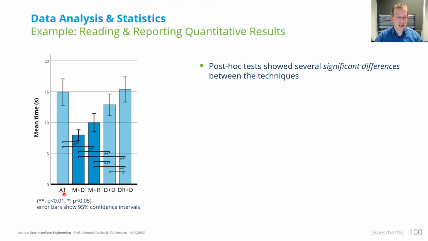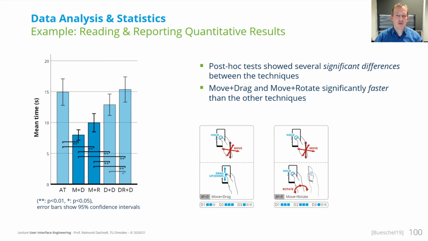So this, by the way, just to remind you, are the names for our techniques. I forgot the abbreviations myself, sorry for that. So, for example, move and drag, this is one example, move and drag, and move and rotate. And these two are significantly faster, in terms of mean task completion times, than the other techniques.